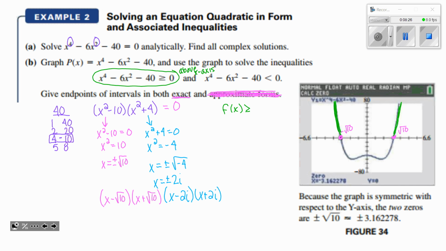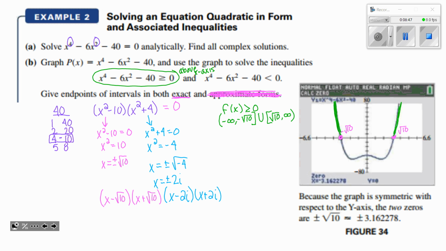And this time it says greater than or equal to. So I have negative infinity to negative root 10. Notice I'm using the root 10, not the decimal approximation of 3.16. And then it's also from square root of 10 on the other side to infinity.